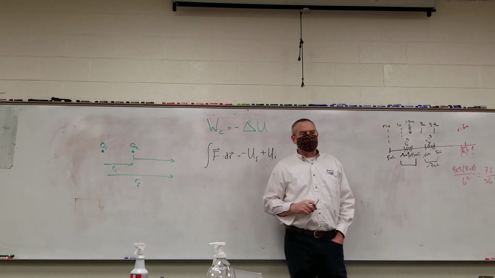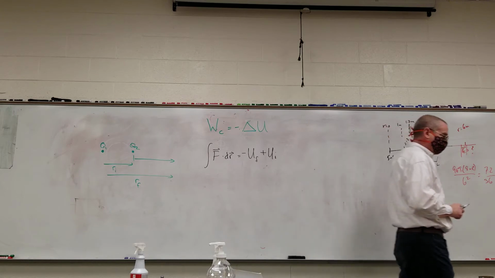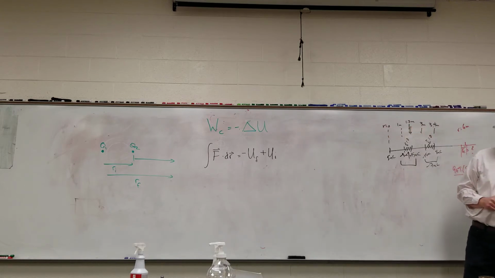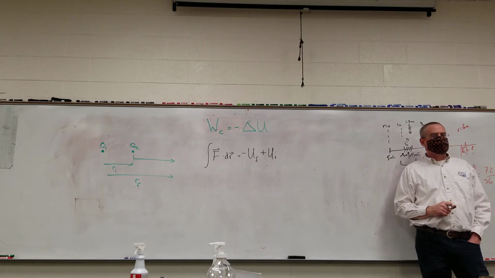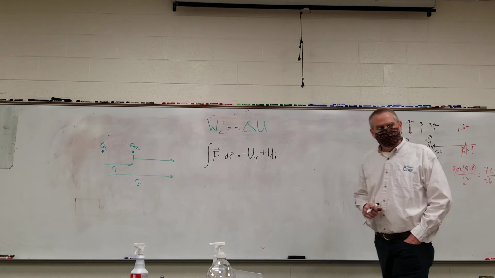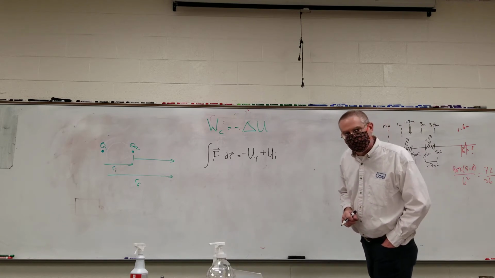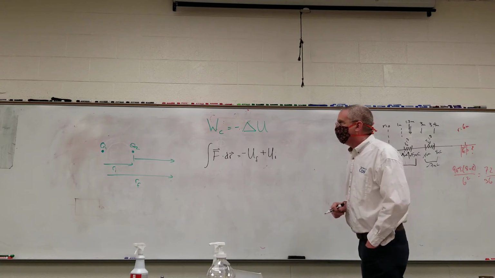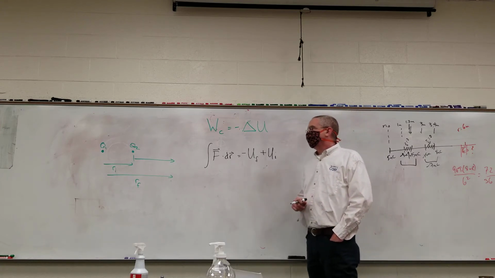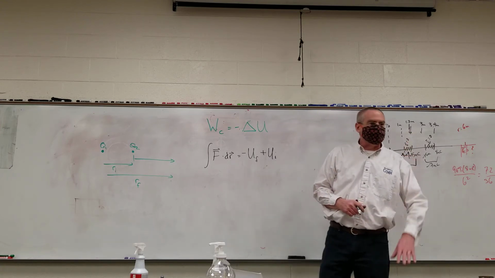What is the force, or what's the formula for the force acting on Q2? K Q1 Q2 over R squared, like the electric force? Oh, it's over R squared, just generically for now.